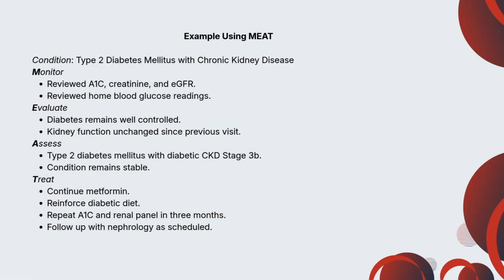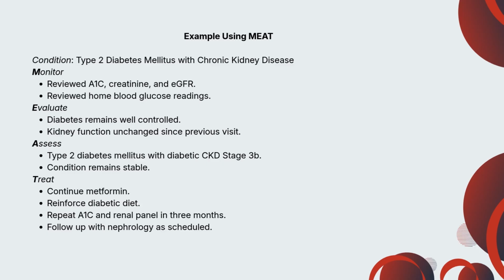Example using MEAT. Condition: Type 2 diabetes mellitus with chronic kidney disease. Monitor: Reviewed A1C, creatinine, and eGFR. Reviewed home blood glucose readings. Evaluate: Diabetes remains well controlled.